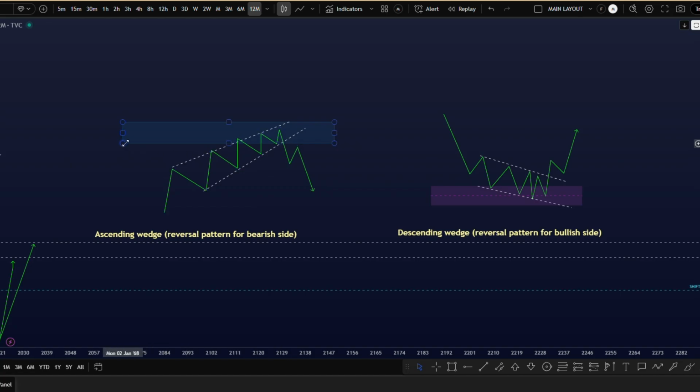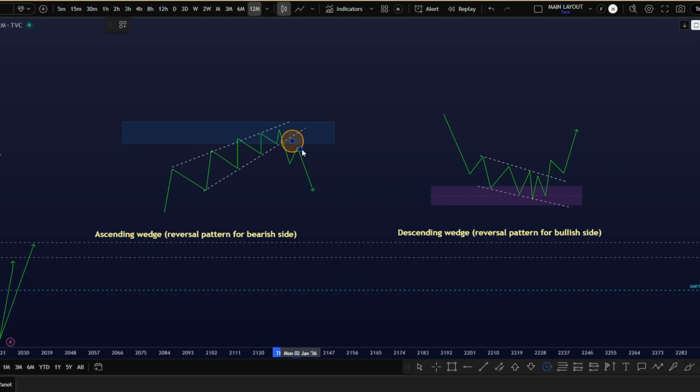I prefer a reversal from a key zone. It can be, as I said, a supply, support or resistance, a demand zone, or an imbalance zone. I need to see the reversal from this zone to take a trade entry.